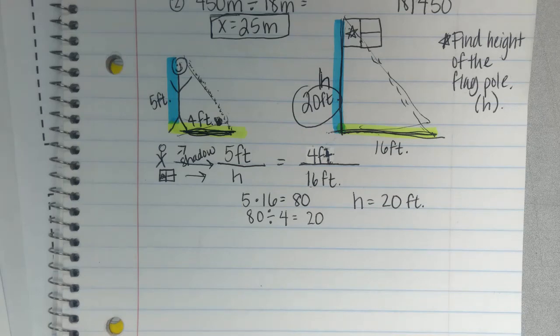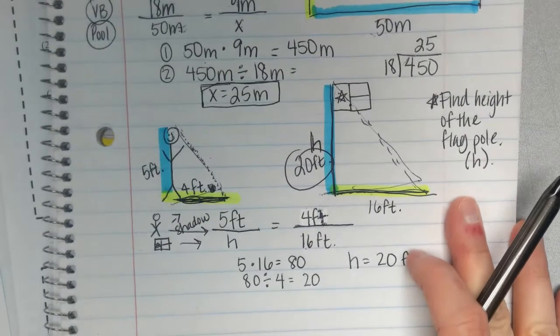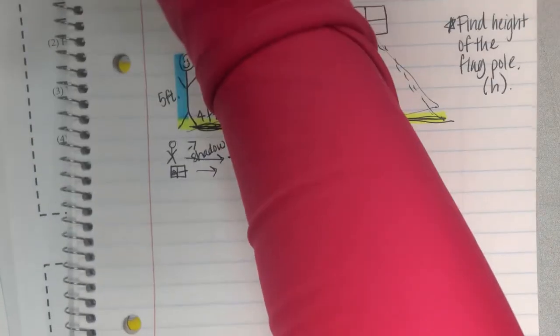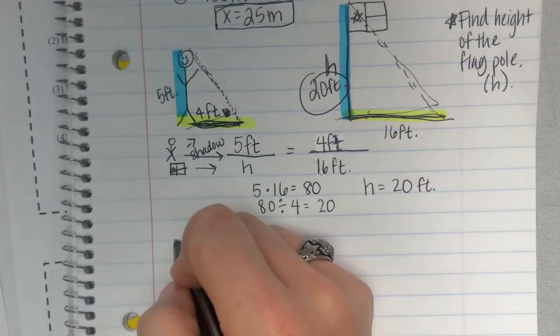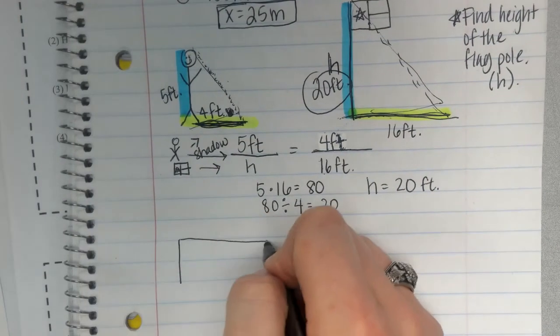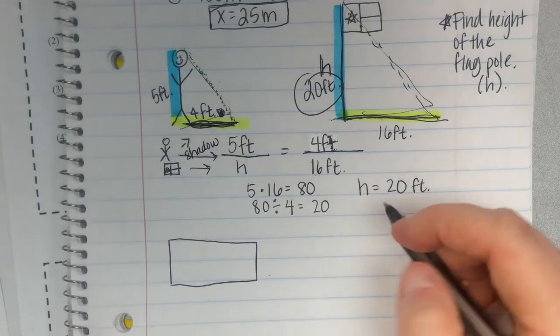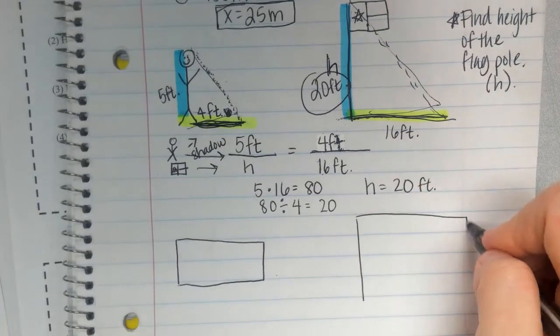Okay, so let's do one more here. We're going to do a garden. 2 gardens. So they're going to be rectangles in size. One is bigger than the other.